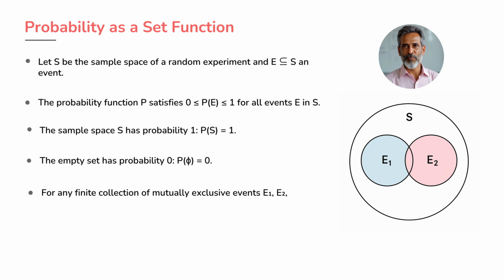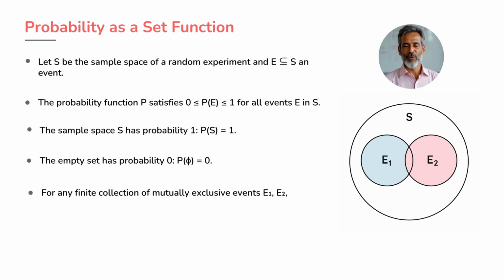We define a function P, known as the probability function, which assigns a number between 0 and 1 to every event E. So we write P(E) is greater than or equal to 0 and P(S) equals 1. This means the entire sample space always has probability 1, while an impossible event has probability 0.